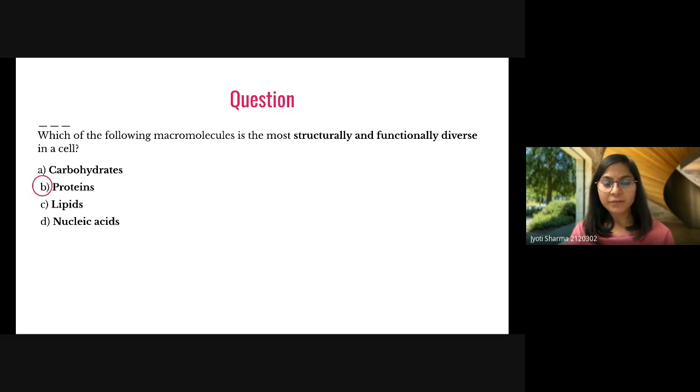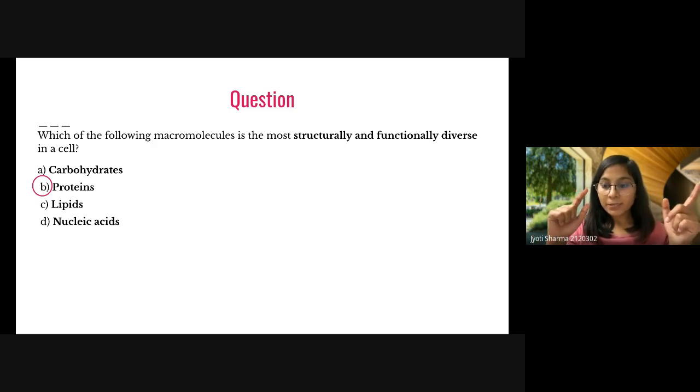Protein, as I told you, is made up of amino acids, and we have 20 amino acids, and this will give you a chain of amino acids using the peptide bond, and this is how the protein is formed. And this is giving you just the primary structure of the protein.